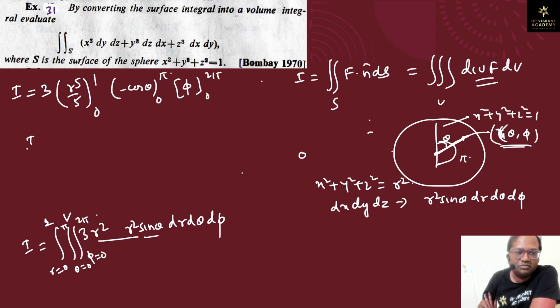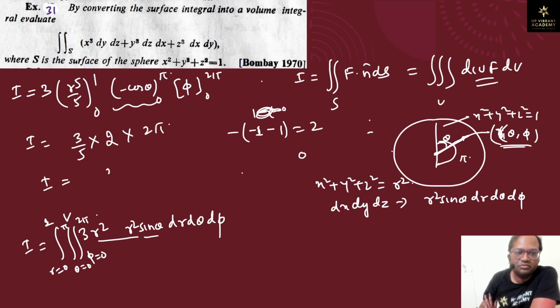So I is equal to 3 upon 5 into, on placing the limits, the value of this will be 2. Cos of pi is minus 1 and cos of 0 is 1, so minus of minus 1 minus 1 gives 2. So this is equal to 2 times 2 pi. So I is equal to 12 pi upon 5.